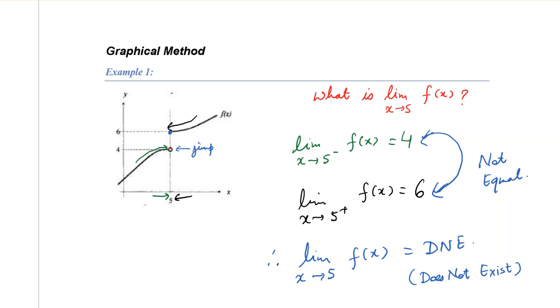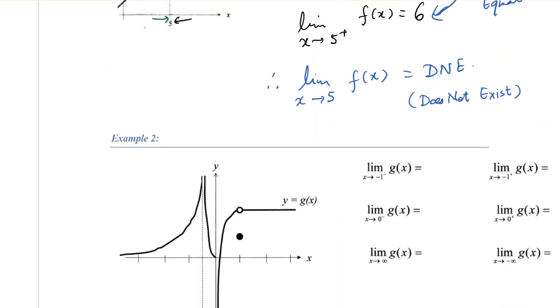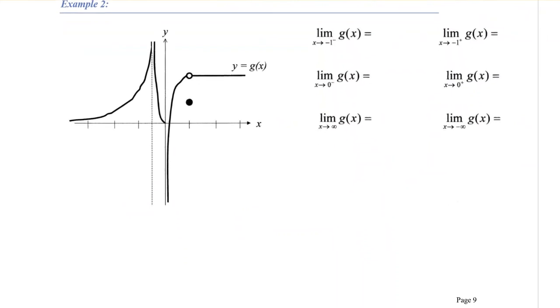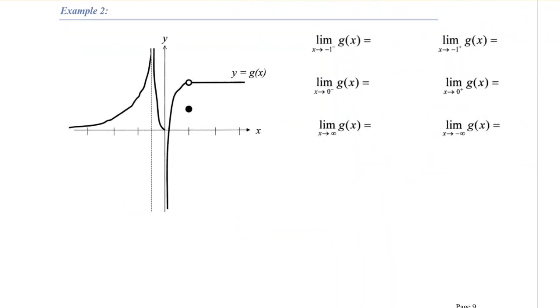All right, let's take a look at another example. Take a moment to figure out all the values of the limits that they have asked here. In this example, first of all, let me define the scale on the x-axis.